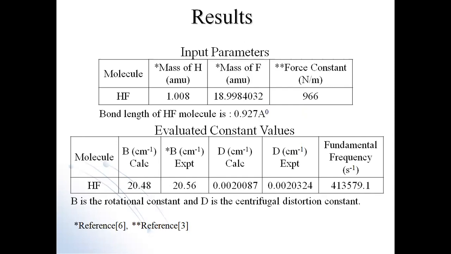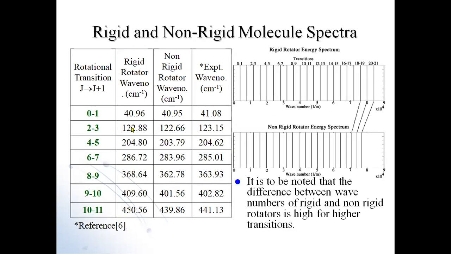You find out the rotational energy of various rotational quantum states. Find out the wave number of each absorption line which you obtain in a rotational spectra in the far infrared region. Compare your result with a non-rigid rotator.